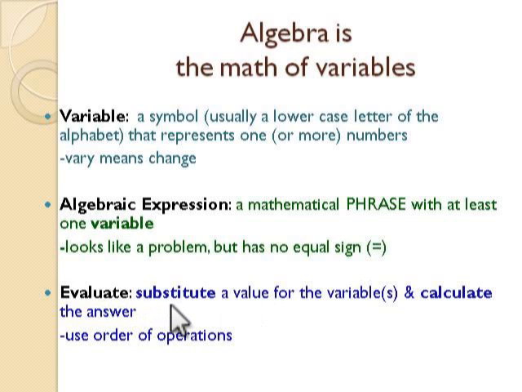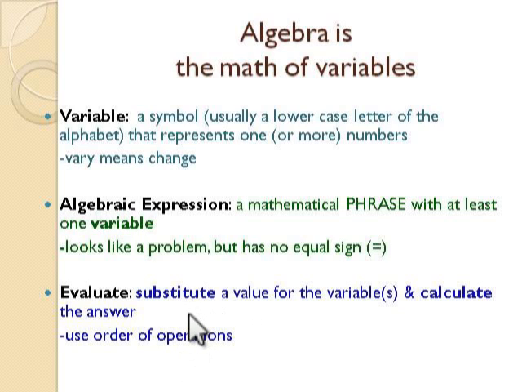Our third vocabulary, evaluate. It means that we're going to substitute a value for the variable and calculate an answer. It is important to remember that we will always be using the order of operations. No matter what we're doing, no matter what chapter we're in, we will always be using the order of operations that we learned in Chapter 1. So what do we mean by this?